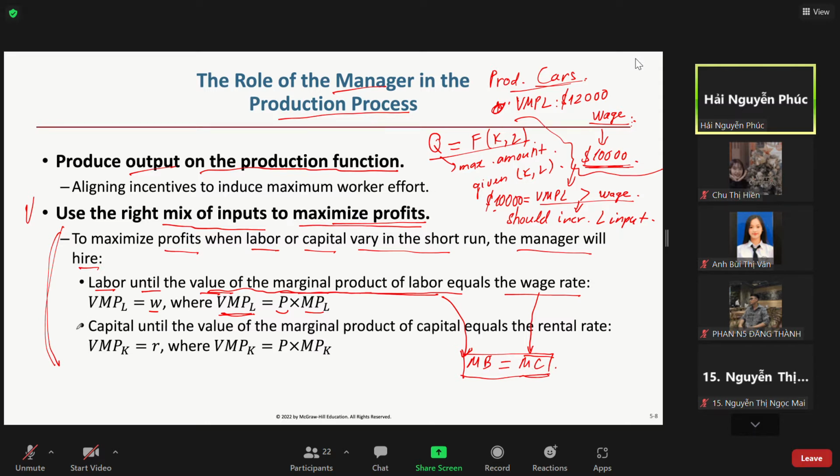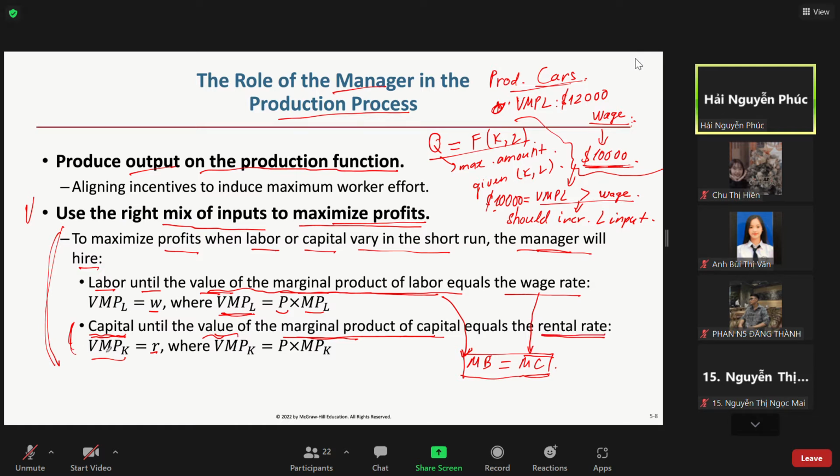Similarly, talking about the use of capital, the manager of the firm should use a quantity of capital until the value of marginal product of capital equals the rental rate, the rent payment to obtain the capital unit. Suppose I denote VMPK as the value of the marginal product of capital, and R stands for the rental payment.